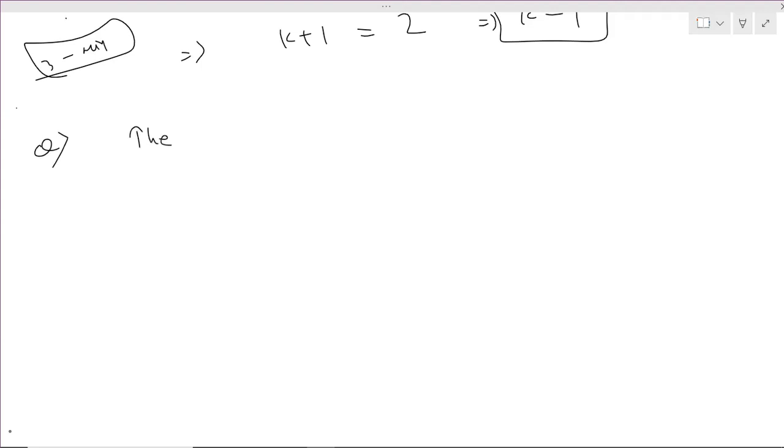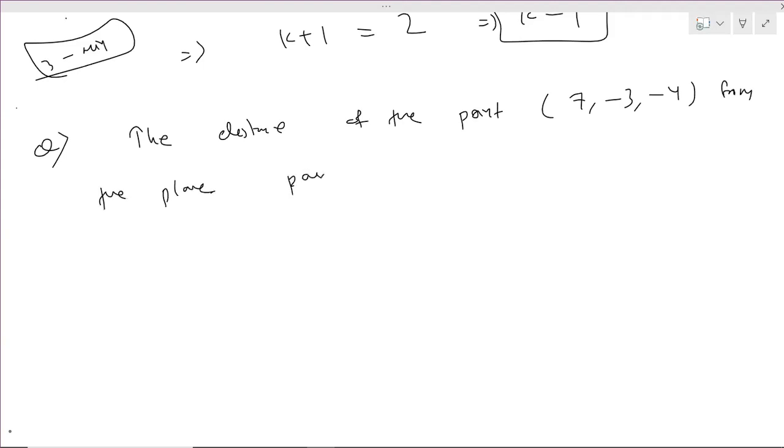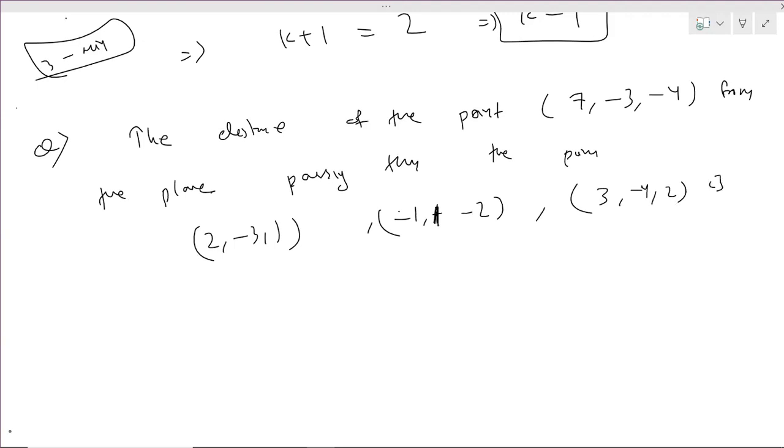Another question. The distance of the point (7, minus 3, minus 4) from the plane passing through the points (2, minus 3, 1), (minus 1, 1, minus 2), (3, minus 4, 2) is: 4, 5, 5 root 2, 4 root 2.